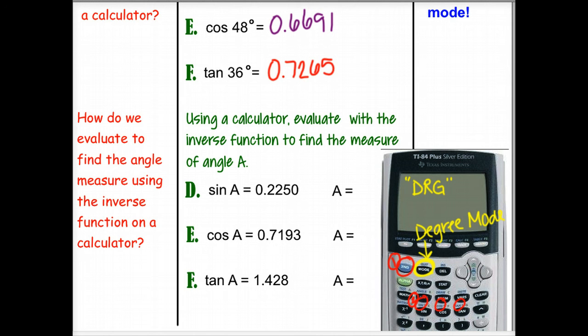So here, this is saying that A is going to be equal to the inverse sine, or sine to the -1, of 0.2250. So when I put that in, the inverse sine of 0.2250, I get 13.002, so that means that mine is 13 degrees. We're going to go to the nearest degree, and you can write that down.